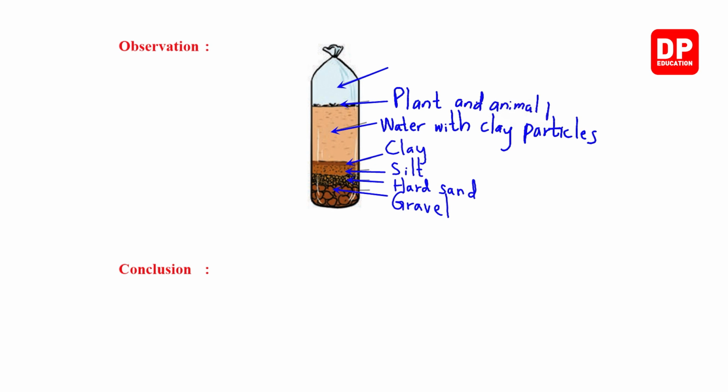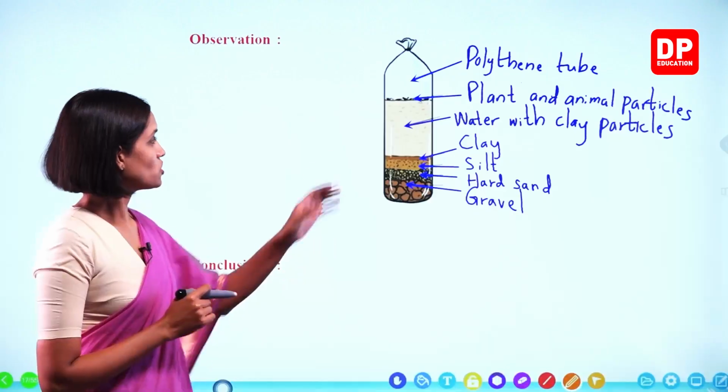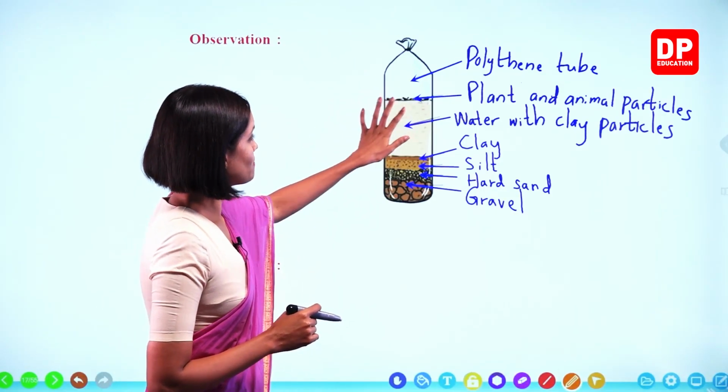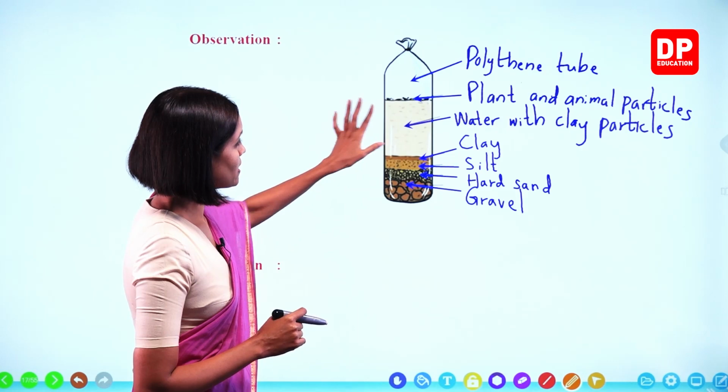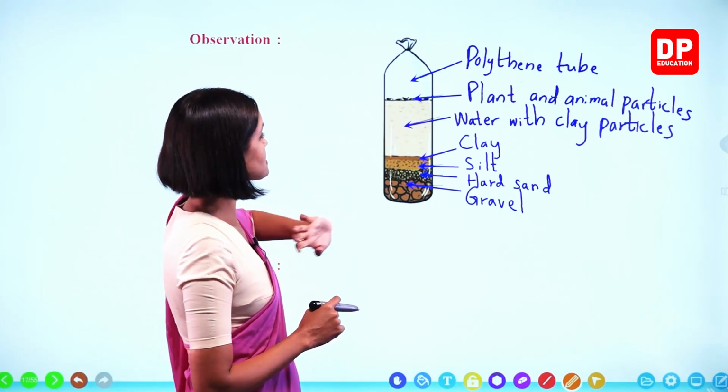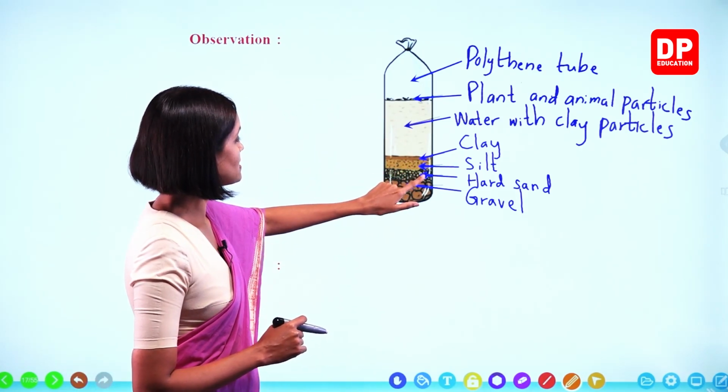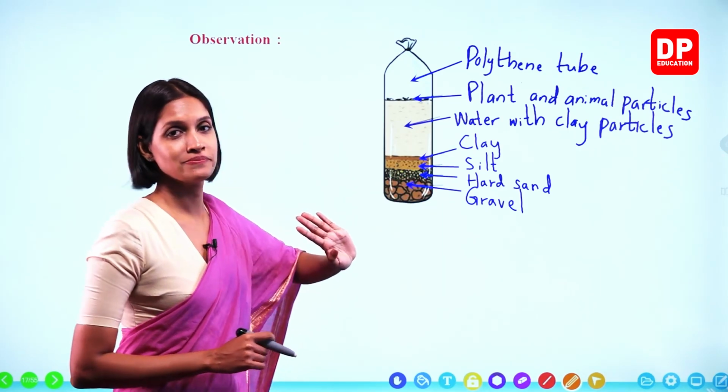This is the polythene tube. Right, children? So the polythene tube, plant and animal matter, water with clay particles, clay, silt, hard sand, gravel.